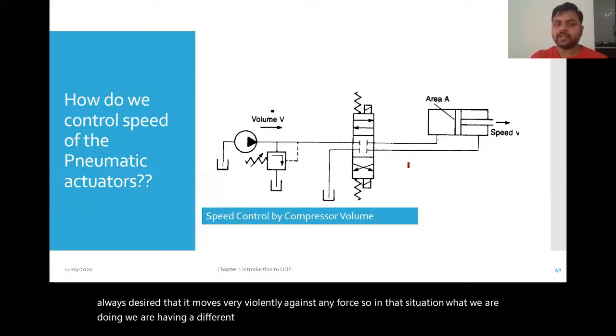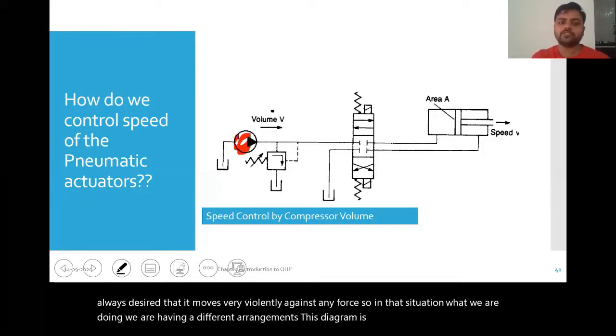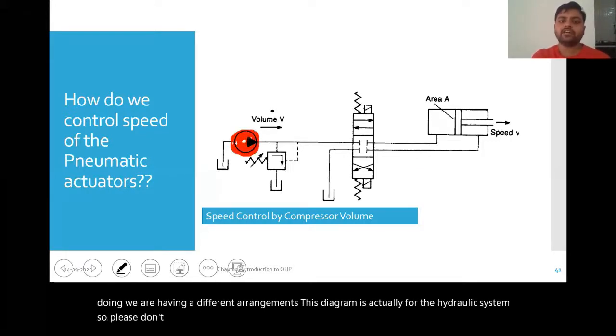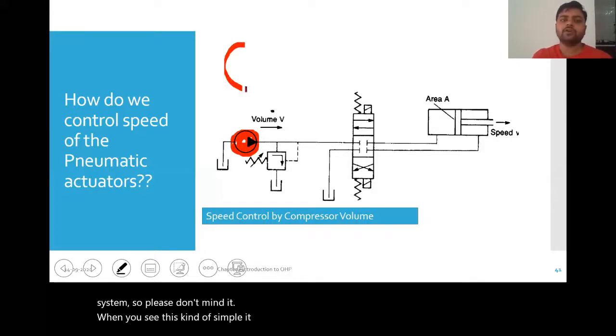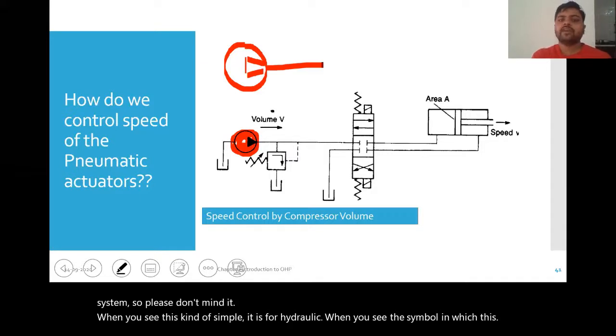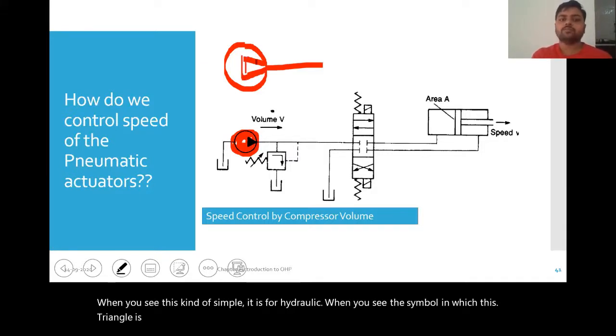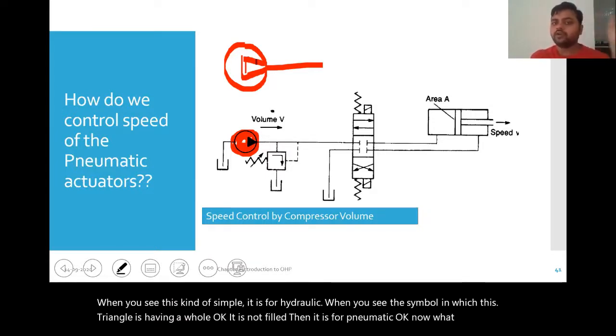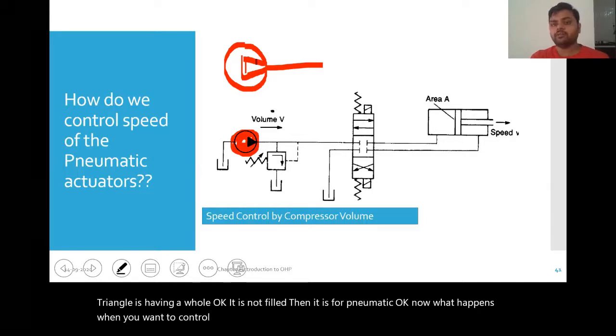This diagram is actually for a hydraulic system, so please don't mind it. When you see this kind of symbol, it is for hydraulic. When you see the symbol in which the triangle is hollow, not filled, then it is for pneumatic.